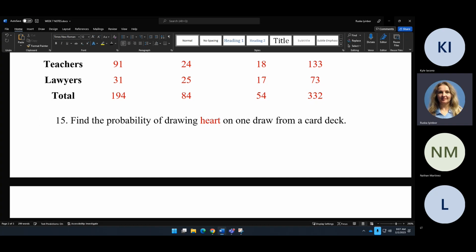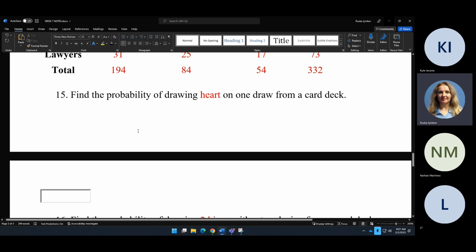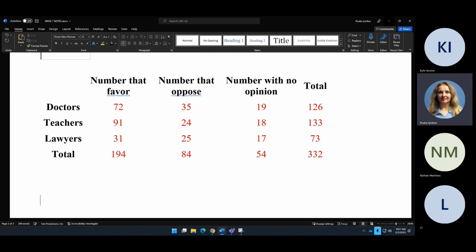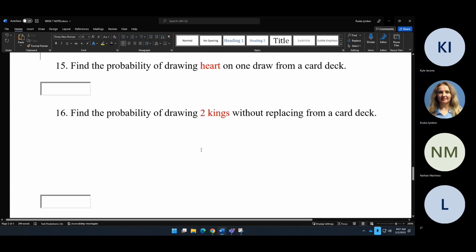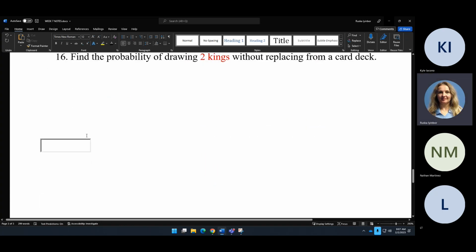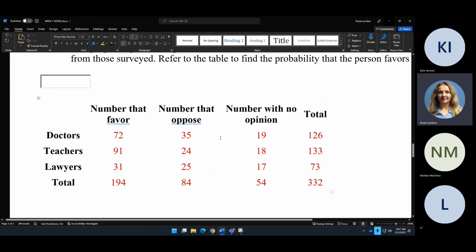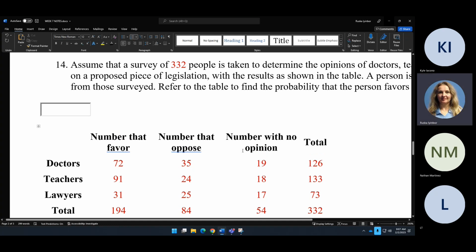So how many people favor the legislation, how many are opposed, how many have no opinion, and everything is in this table. There are 332 people in that survey.